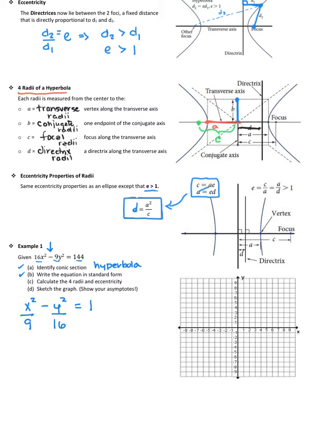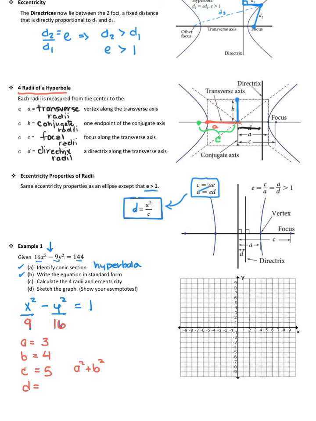The radii: we know that a is going to be 3, and that's what's right underneath the x. b is going to be 4, so that's right here. And since with a hyperbola we know that a squared plus b squared equals c squared, 3 squared plus 4 squared we know is going to be 25. So in this case, c will be 5.